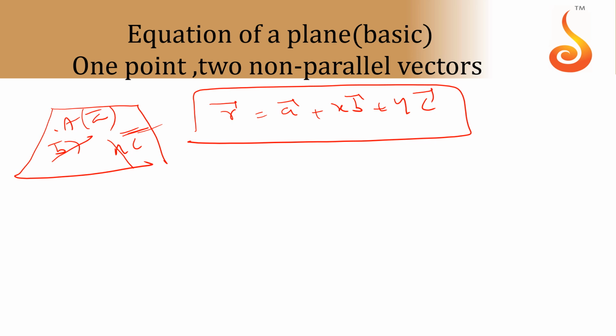Now, if a bar is O bar, the plane is passing through origin.